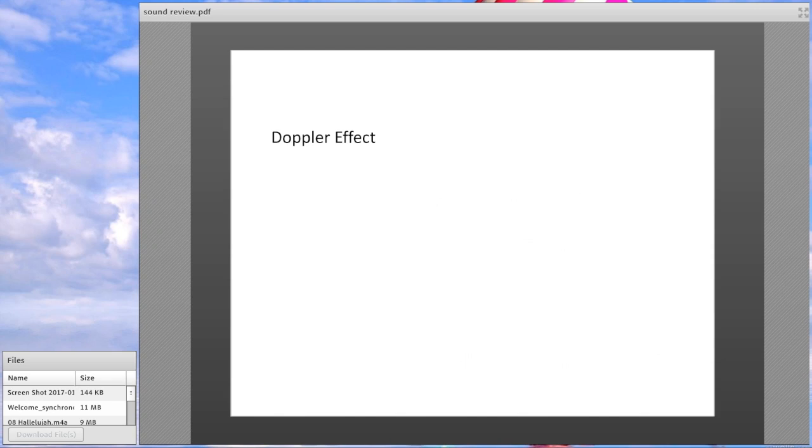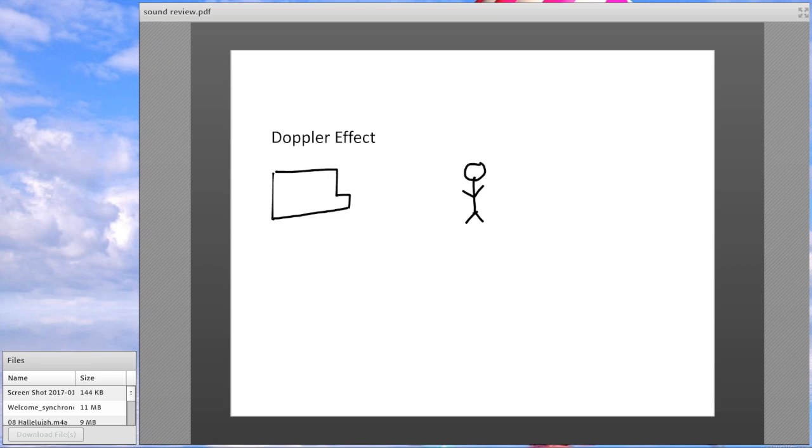So let's talk about the Doppler effect. We mostly think of the Doppler effect when we think about sirens, like ambulances and things like that, but it is not a purely sound phenomenon. It can be used with other types of waves as well.